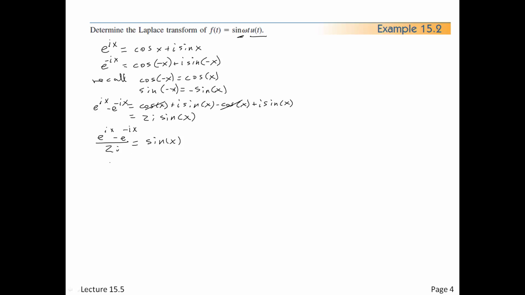We can easily substitute in terms of our upstairs problem, right? We've got the sine of omega t is equal to e to the j omega t, I'll go all the way and plug that in, minus e to the minus j omega t over 2j.